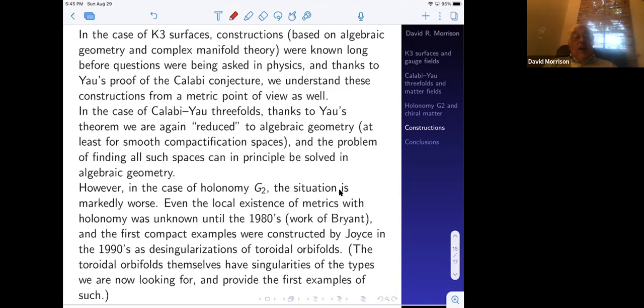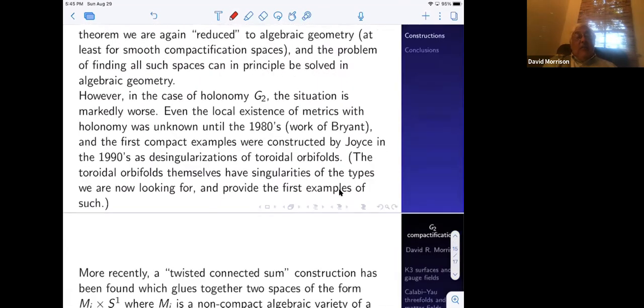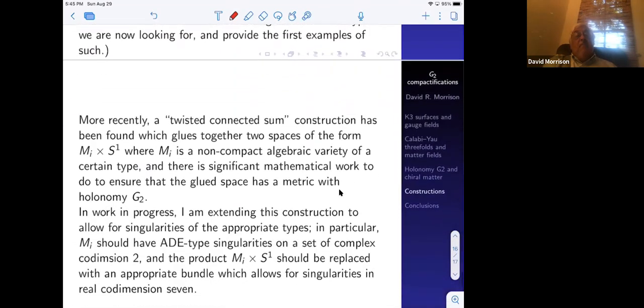What's a little bit ironic about that is that the toroidal orbifolds themselves have the singularities of the types we're now looking for, and they're the first examples of compact spaces with non-abelian gauge group type singularities if we compactify just on the toroidal orbifold itself. Of course, metrically, they're not as interesting because the metric is flat. I didn't need Yau's theorem to get a metric of the right kind.